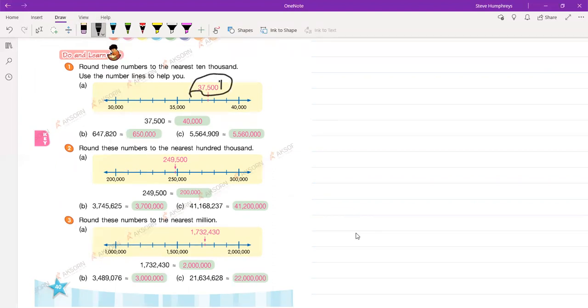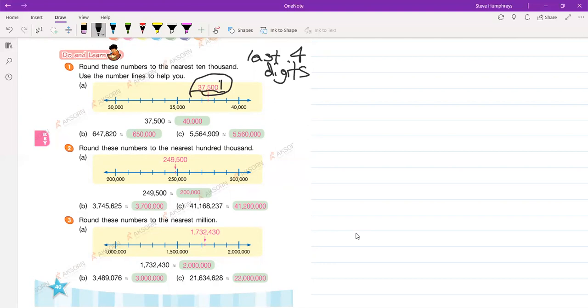First one. Remember, nearest 10,000, you look at the last 4 digits. Which is 7,500. Last 4 digits. And you're rounding to the nearest multiple of 10,000.